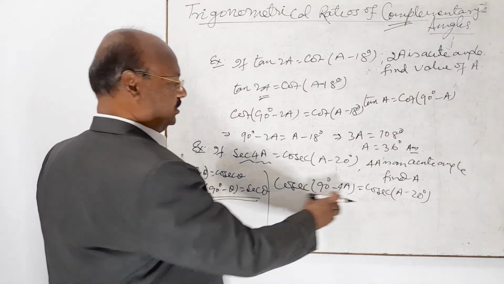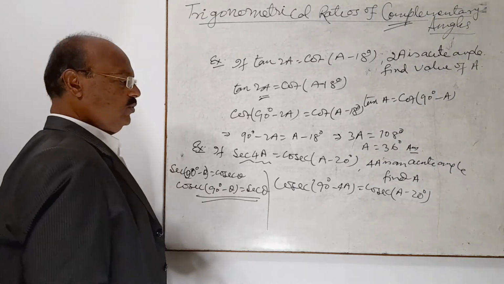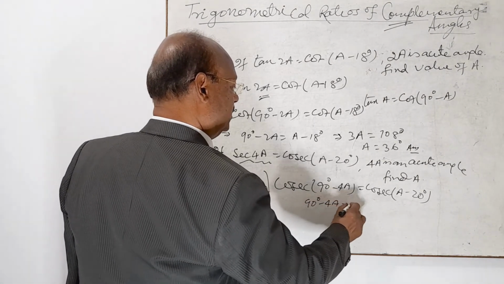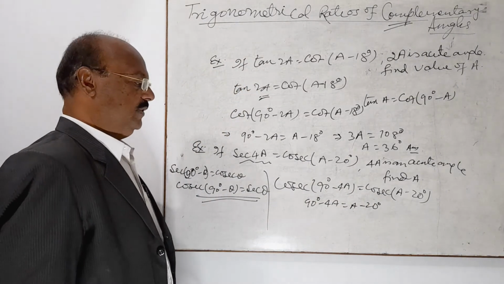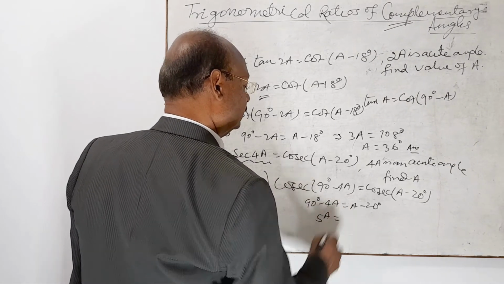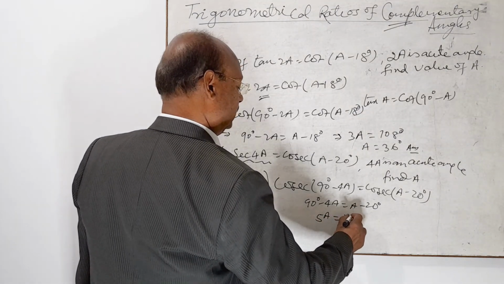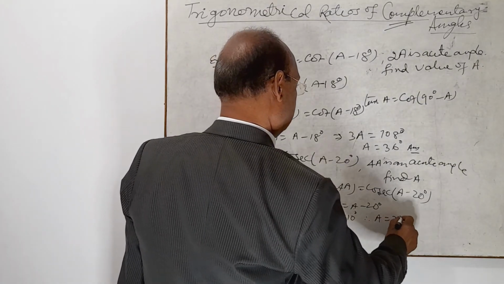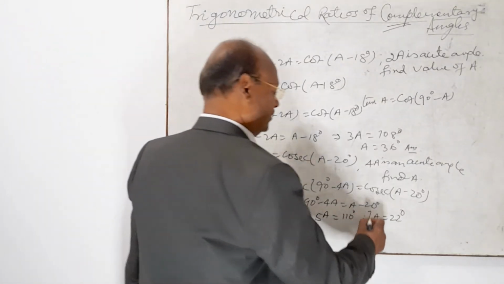So let us omit cosec from both the sides, because angles are acute angles in both the sides. So 90 degree minus 4A is A minus 20 degree. Now we can find out the value of A very easily. So 5A is equal to 110 degree, and therefore A is equal to 22 degree. This is the answer.